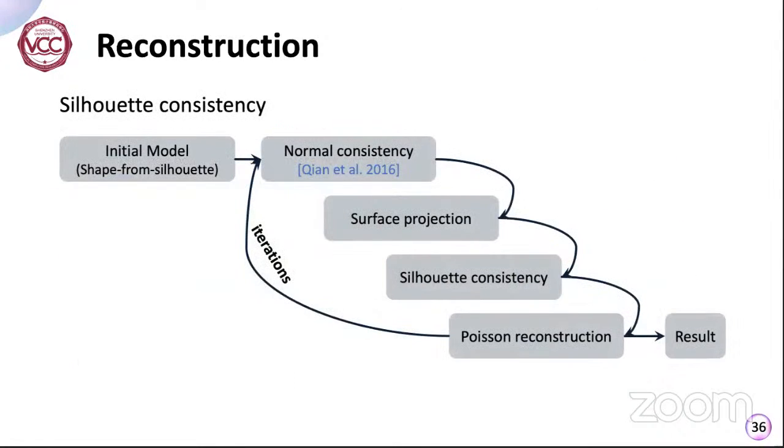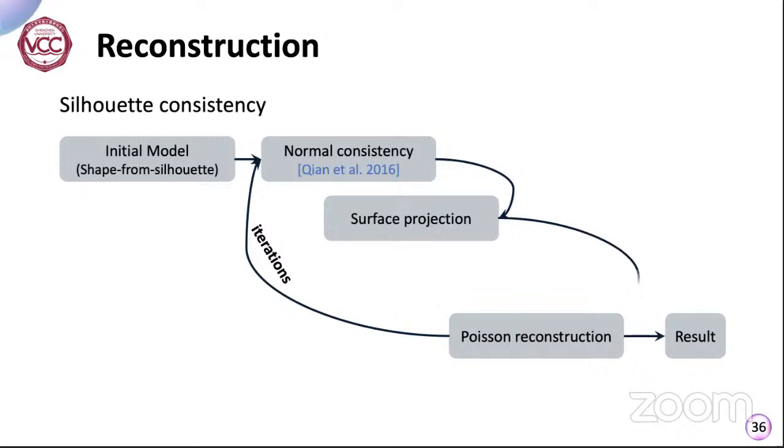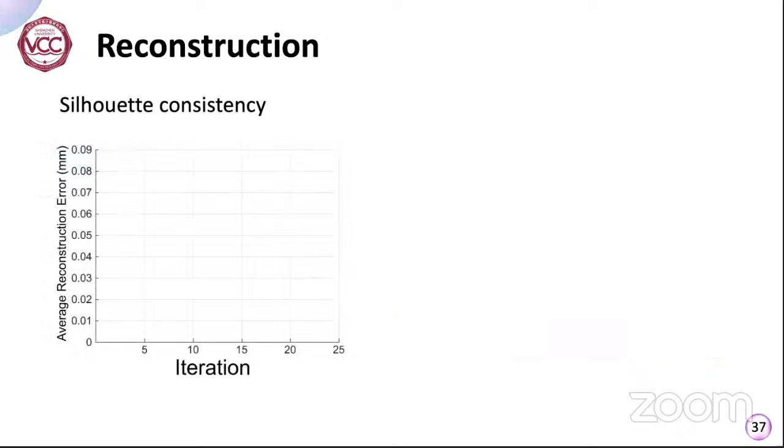Okay, so let's check this pipeline again. Since we now can output a complete and smooth point cloud, think about what will happen if we remove this second part from the algorithm.